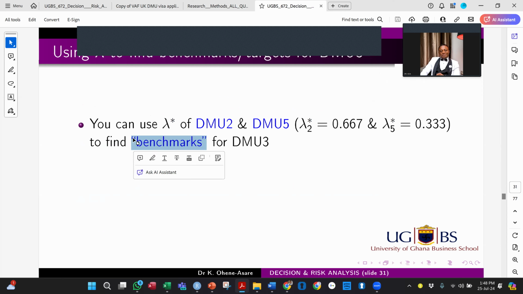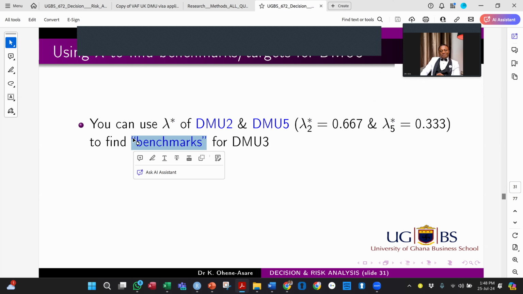So if I want to know the target for DMU3, there are 2 ways to arrive there. Take note. What are the 2 ways for arriving at the target? I always ask this question. That's why I'm standing here. One, you have to use the theta, taking into consideration the slack. We just finished that one.